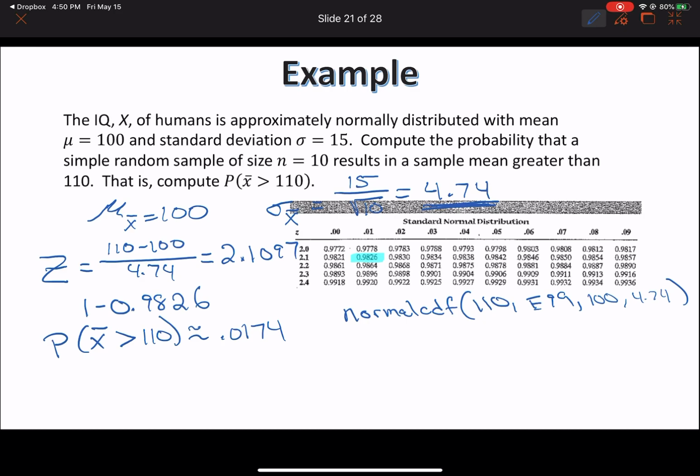We will see how close I get to what I got using the z-table. And I got 0.0174. I got the same thing. Beautiful. I love when that happens.